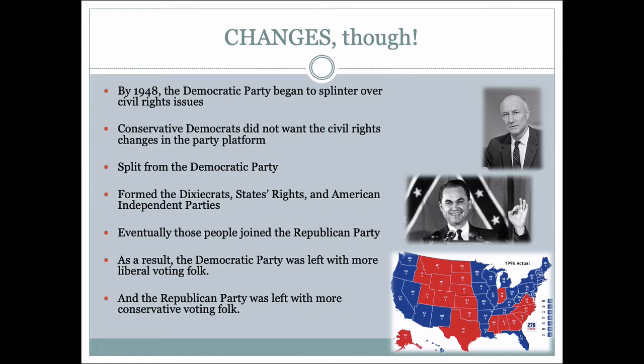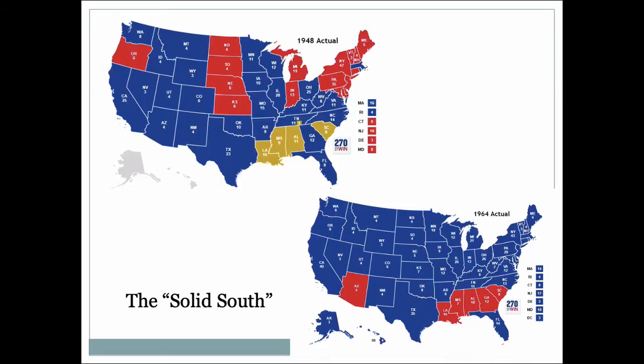And the Republican Party was joined by these conservative folk, and that moved the Republican Party more right on the political spectrum. And that's the party we see today, where the Republicans are more conservative and the Democrats are more liberal today.